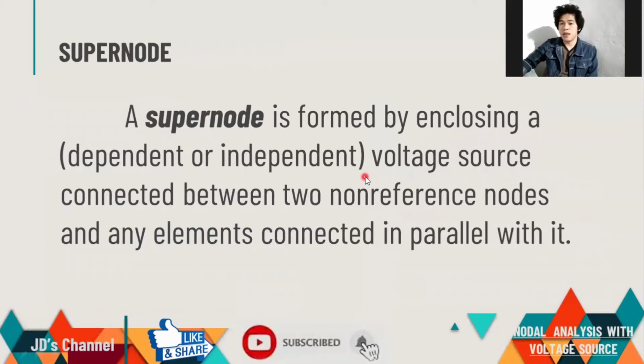So a supernode is formed by enclosing a dependent or independent voltage source connected between two non-reference nodes and any elements connected in parallel with it. So, yun lang. Yung ating supernode, yun nga, discuss na natin.